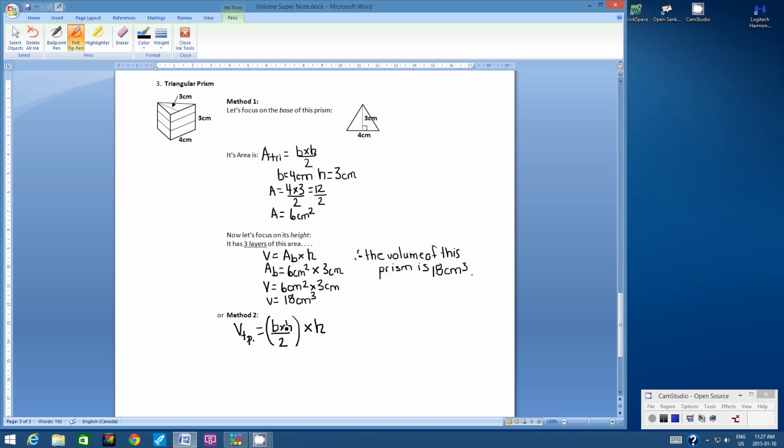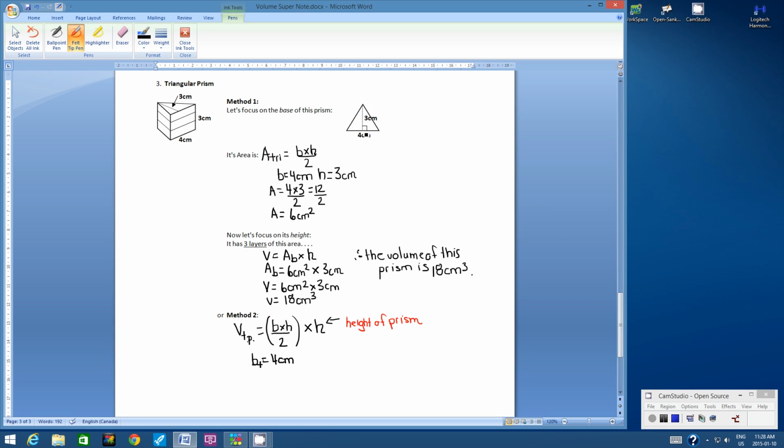So this is where you have to really understand what the heights are referring to. This height is the height of the triangle. This height is the height of the prism. So I'm just going to write a little note here. Maybe it would help you as well. So this is height of the prism. Okay? All right. So let's write down what we know. The base of the triangle is 4 centimeters.